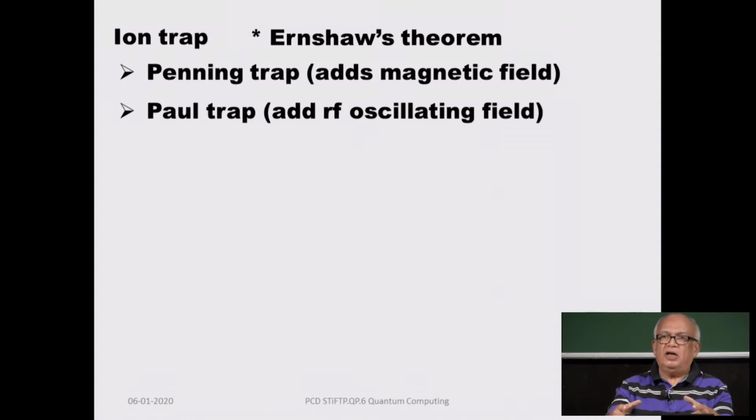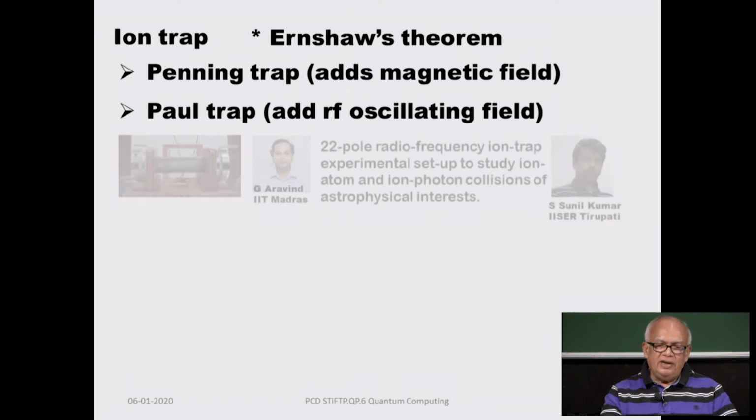You just cannot do that. You can prove it quite easily using Gauss's divergence theorem, for example. So you need somewhat different techniques, and one of them is the Penning trap, where you add a magnetic field, or else the Paul trap, which uses oscillatory radio frequency fields, because you cannot do it with static fields.